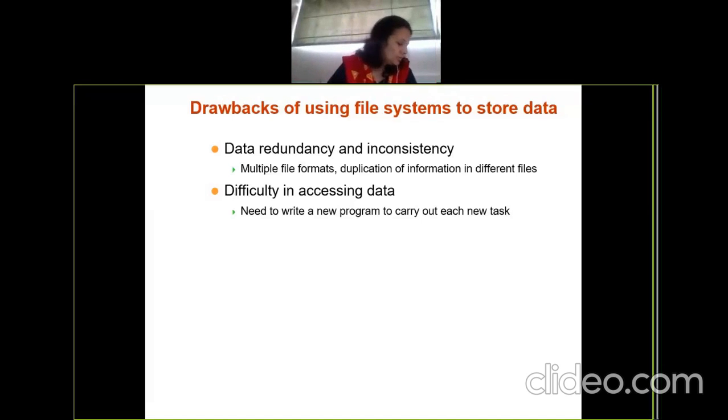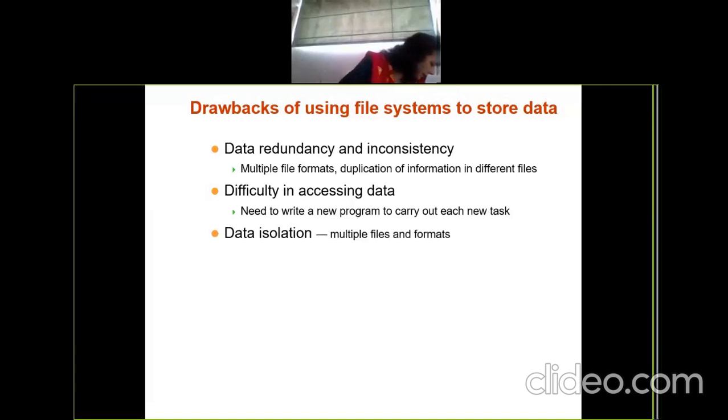Now, the next one, data isolation. What happens? In a typical or traditional file processing system, the information may be stored in multiple file formats. And every time a new developer may write a program in a different programming language.